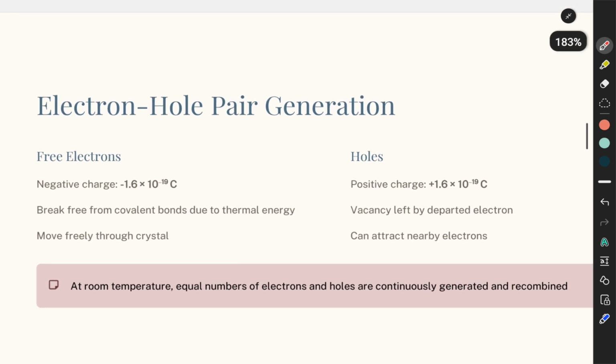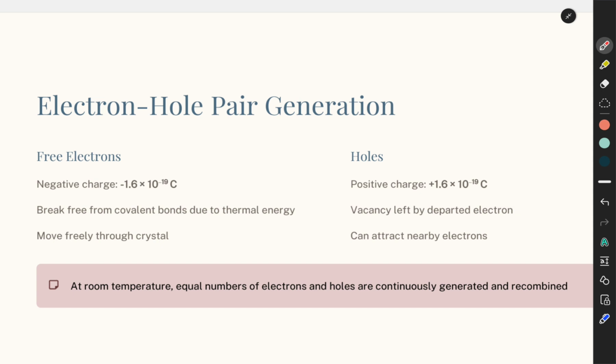Right. Now at a temperature just above 0 degree Kelvin, because of the thermal agitation, as the thermal energy is increased, what happens to the silicon crystal? The atoms in the silicon crystal will start to vibrate, and due to those vibrations, some of the electrons will get enough energy to break the covalent bond and move freely.